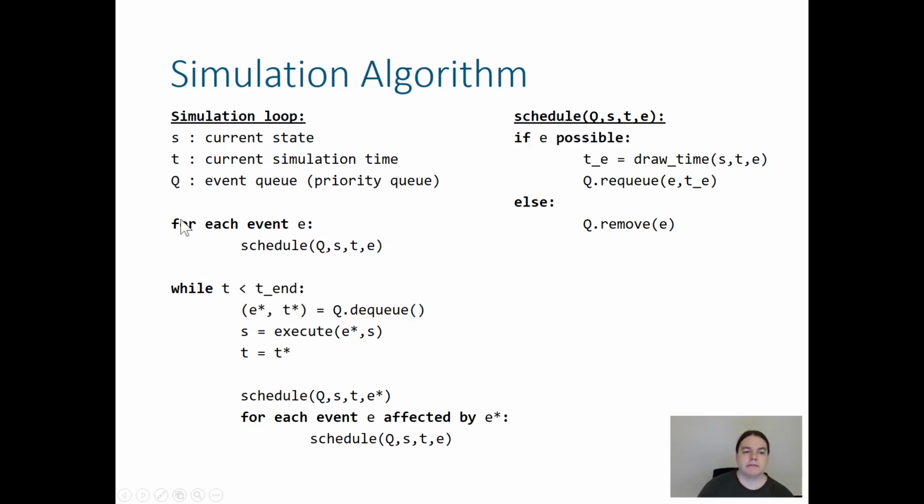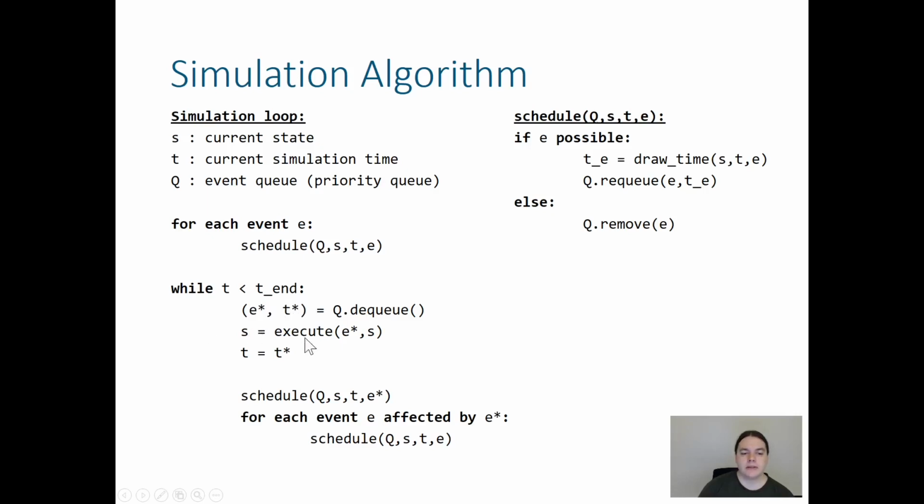So after we've done this, there begins our simulation loop, where we dequeue the next event from our event queue. We get the event itself and the time when it is scheduled to execute.